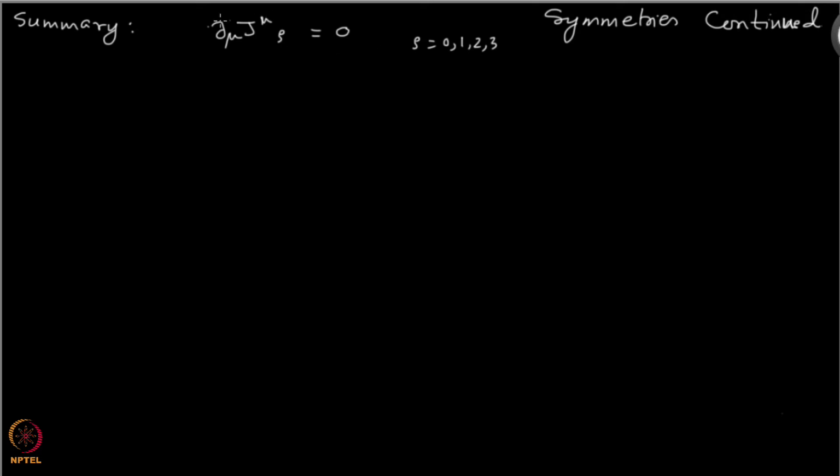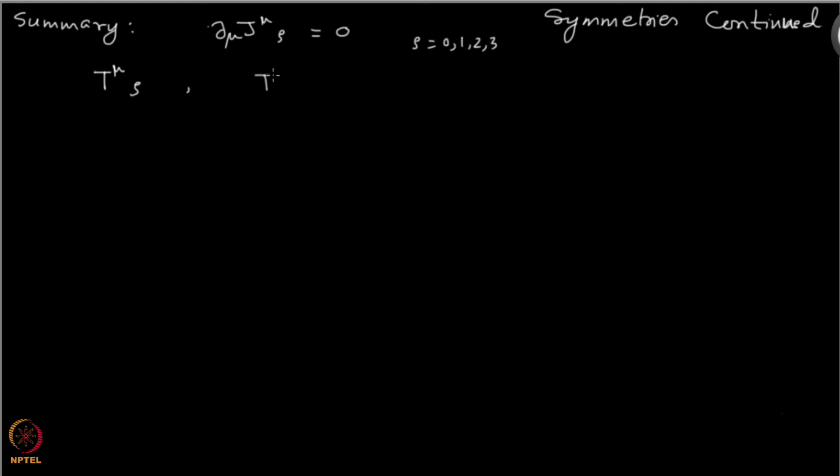When rho is 0, you are talking about time translations. When rho is 1, you are talking about the current J mu which corresponds to translation along the x axis, and so on. Generally, instead of writing J mu rho, we write T mu rho. That is the standard notation.